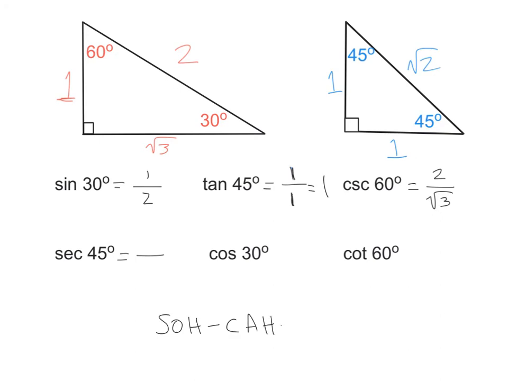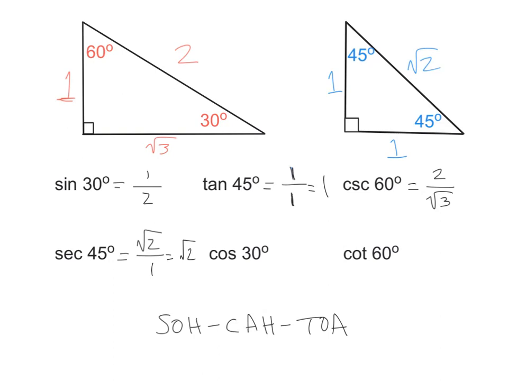Okay, so if we know that secant is the reciprocal of cosine, it's going to be hypotenuse over adjacent. The hypotenuse in the 45, 45, 90 triangle is square root of 2, and the adjacent side of the 45 degree angle is 1. So square root of 2 over 1, or just the square root of 2.